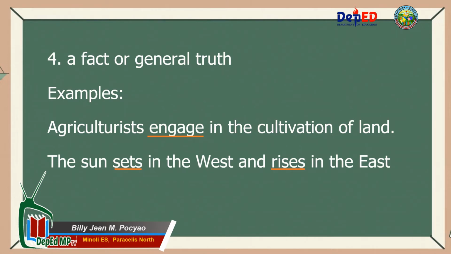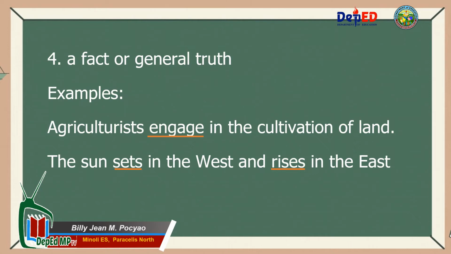The verb should agree with its subject in number. If the subject is singular, the verb ends with s or es. For example, the subject here is sun, so the verbs sets and rises end with s.